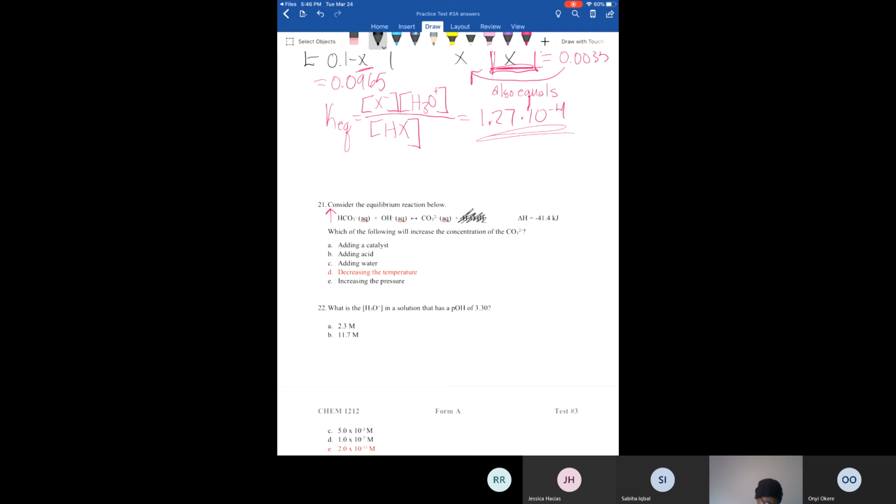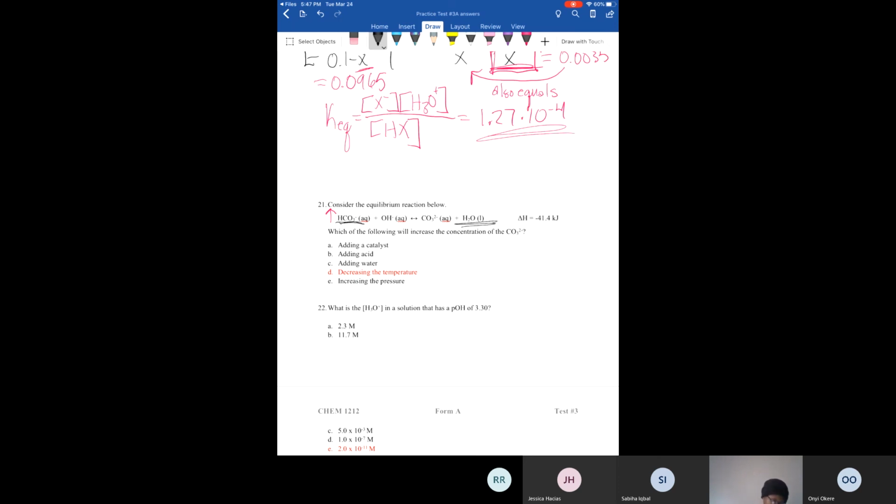Ultimately, I think it might be the fact that your stronger acid is water. I think water is a stronger acid than HCO3 minus.